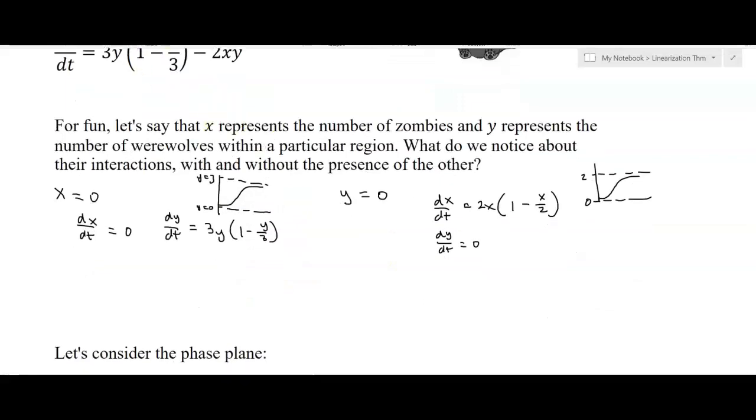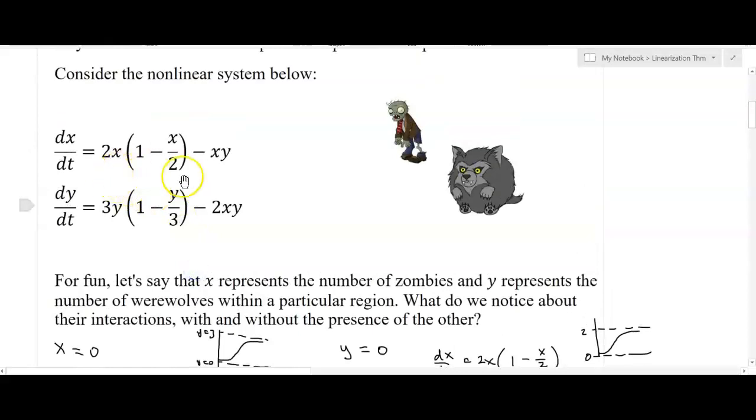Then we wanted to ask how these two interacted. First of all, we see that in the absence of the other, they both do just fine. But in the presence of one another, we have this subtraction term here and here. That subtraction term, or the size of it, is based on the sizes of the two populations.